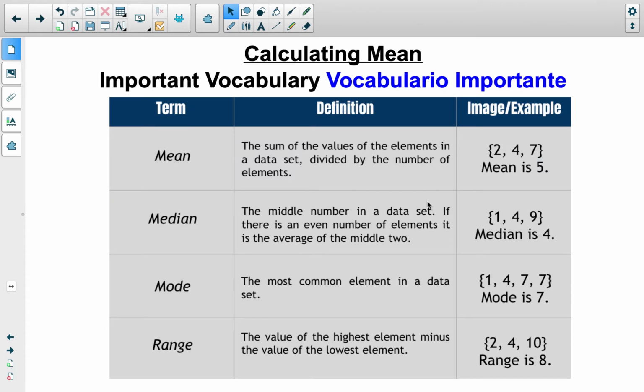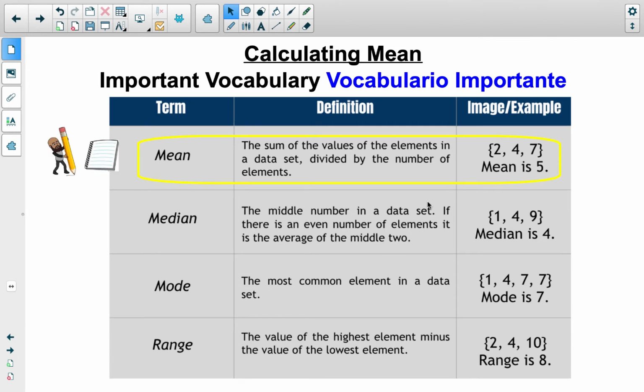With the real-world context in mind, we have some important vocabulary here, and we'll be working on this throughout the week. But today we're specifically focused on mean. So notice the pencil and notebook coming up. Make sure you write this down. Mean is the sum of the values of the elements in a data set divided by the number of elements.